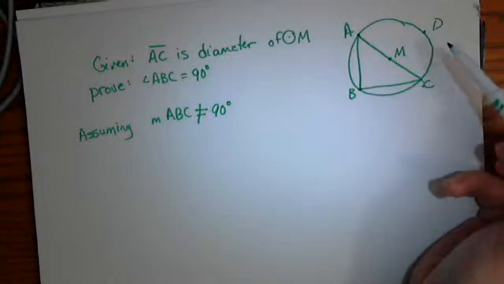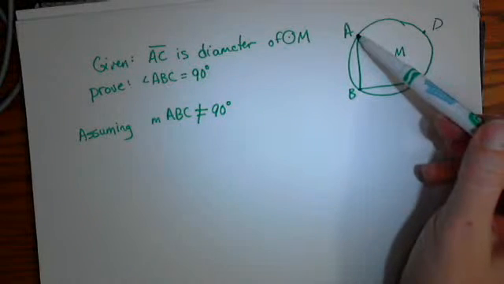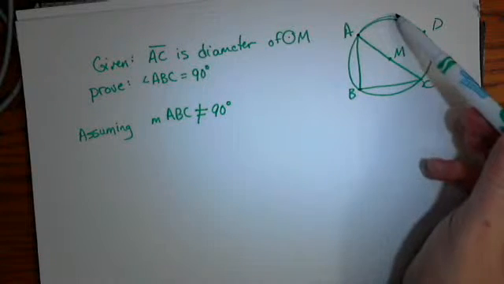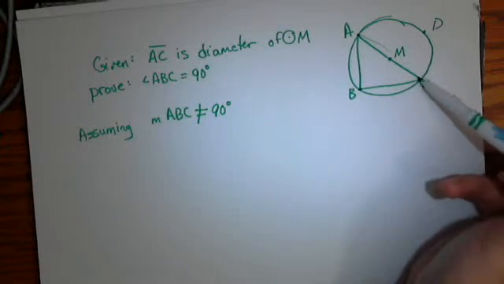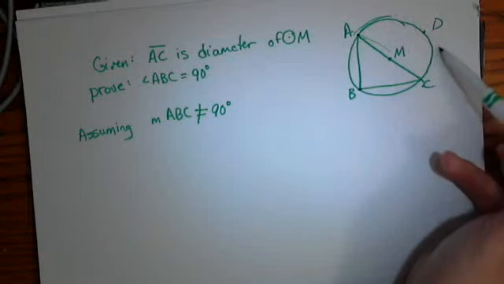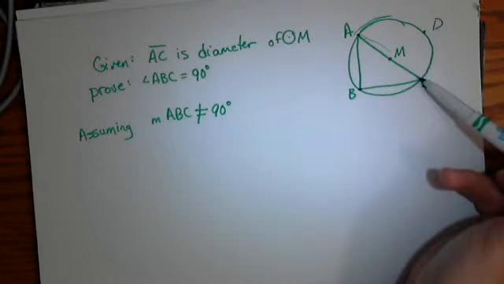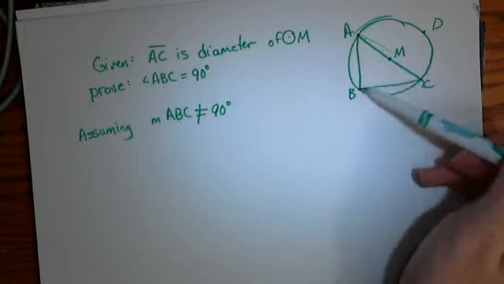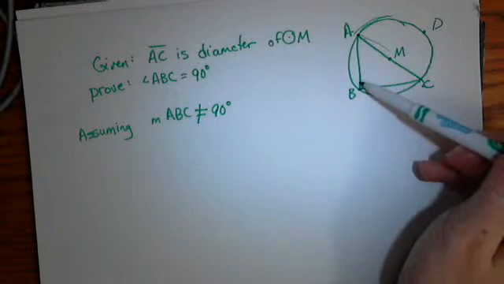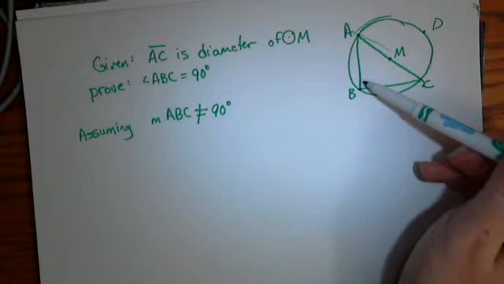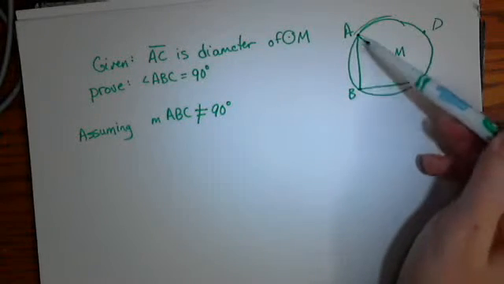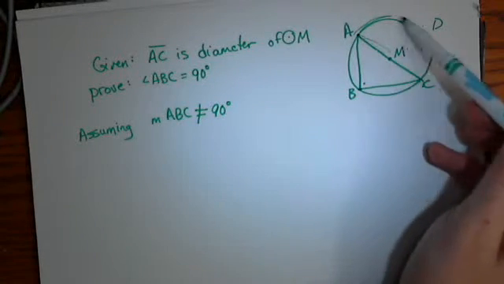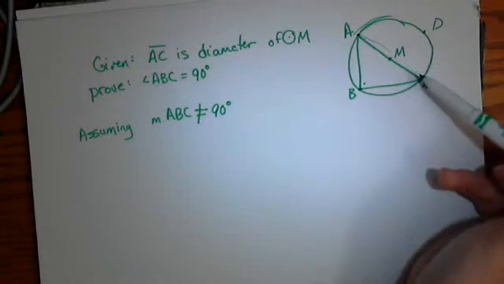And by theorem 47-1, we know that if this is a semicircle, this arc has to be 180 degrees. And theorem 47-1 says that any inscribed angle is going to be 1/2 of the arc that it intercepts.